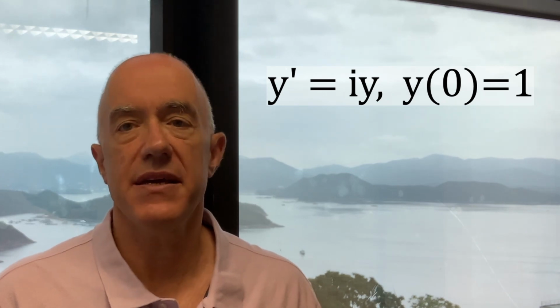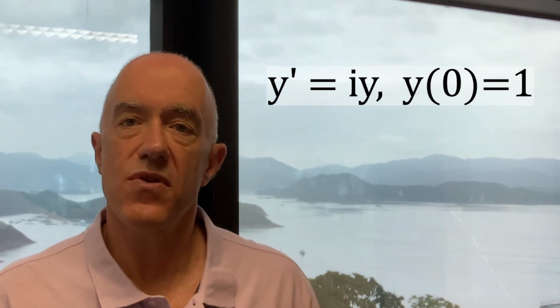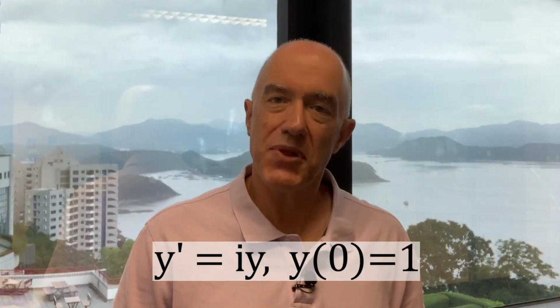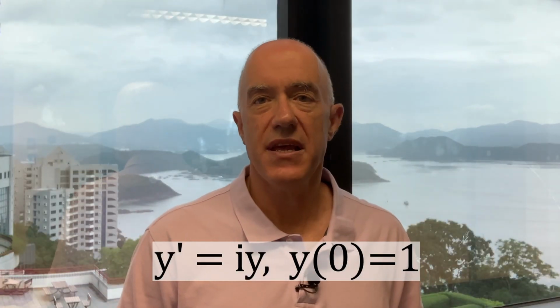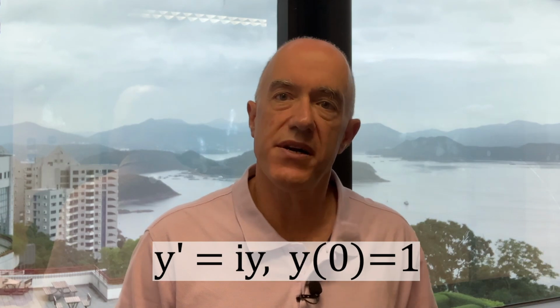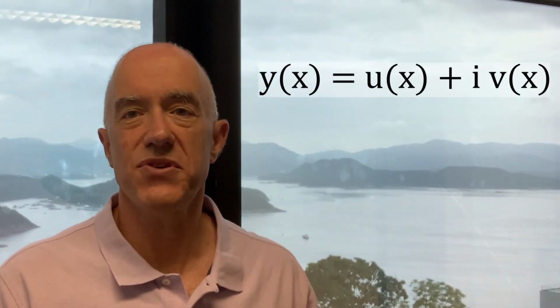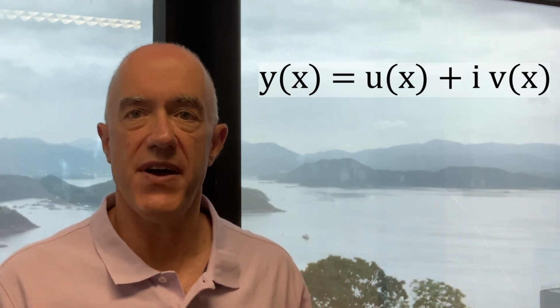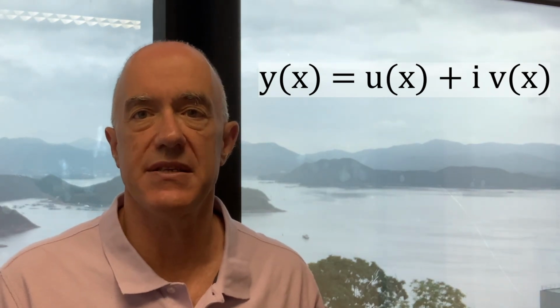We know that the differential equation for exp of ix is given by y prime equals iy, with y of 0 equals 1. This is a complex differential equation that we can write as two real equations. Let y of x equals u of x plus i v of x, where u of x and v of x are two real functions.